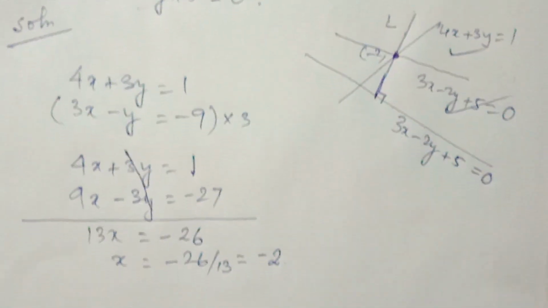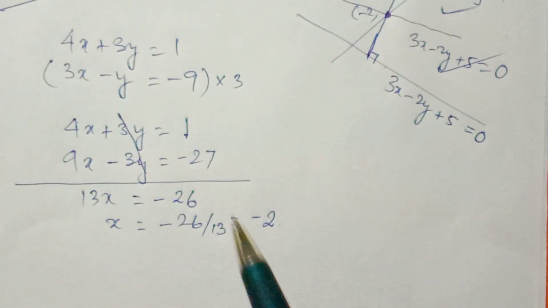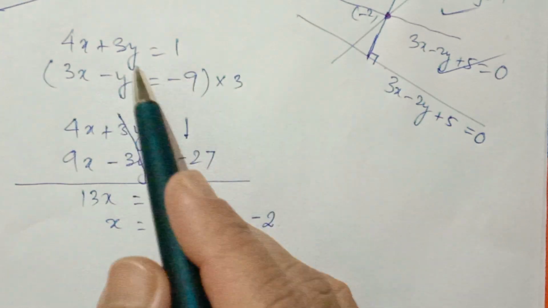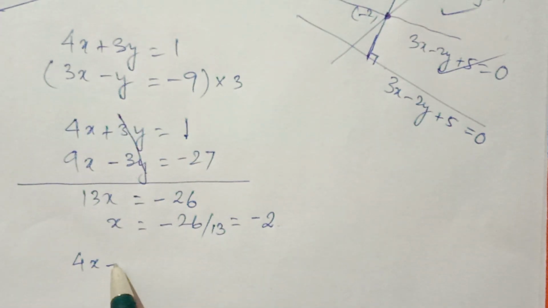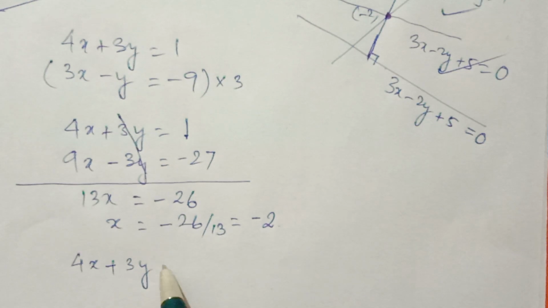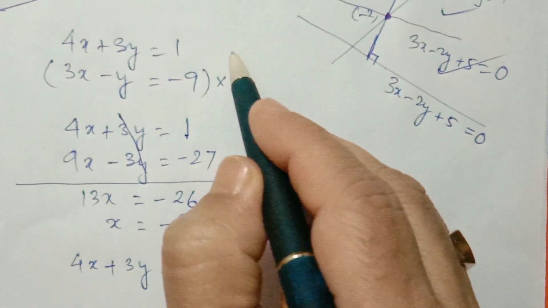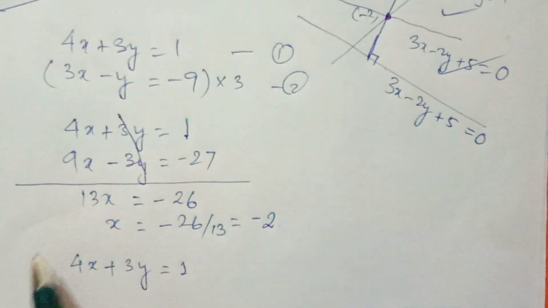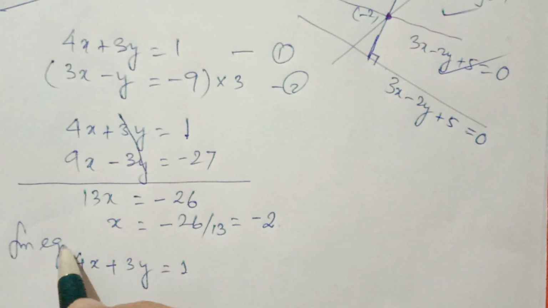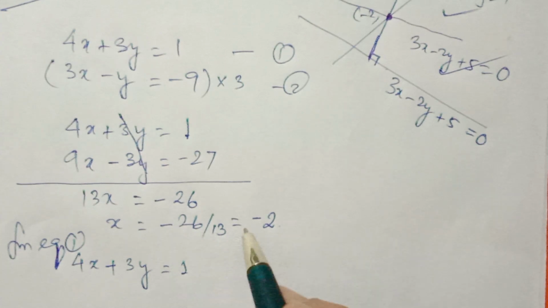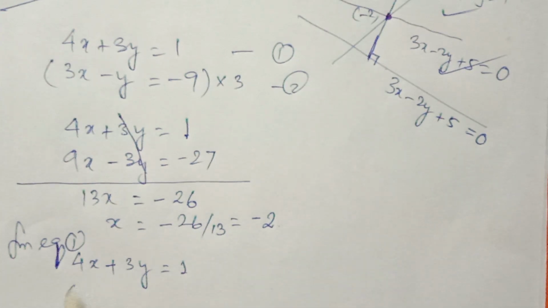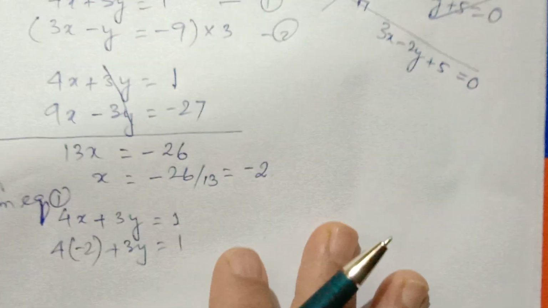Then let us find the y coordinate. For that we can put the value of x in any of the equations. So let me put in the first equation, 4x plus 3y equals 1. So from equation 1, we'll substitute the value of x here. So 4 into minus 2 plus 3y equals 1.